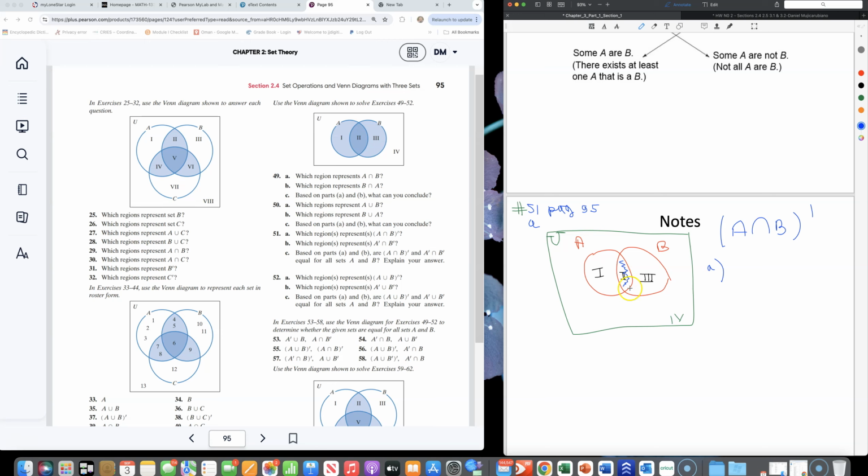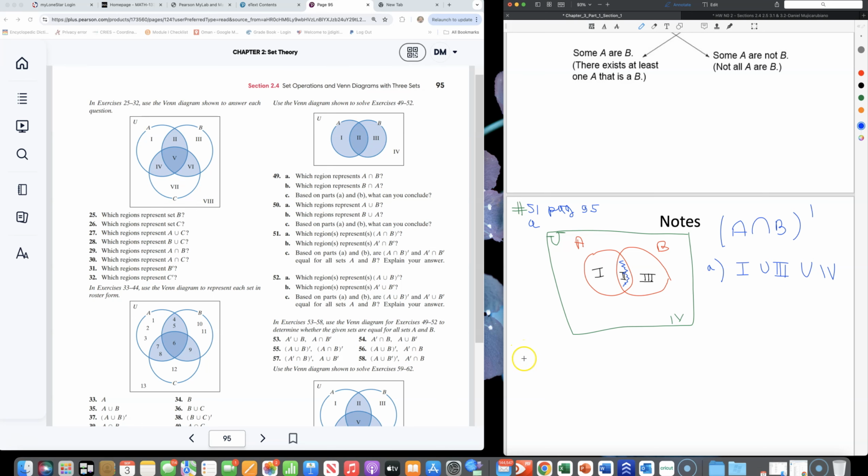The complement is everything in the universe that is not in region 2, which is region 1 union region 3, but also, with respect to the universal set, union region 4. So you can use the Venn diagram representation to get the answer very easily.